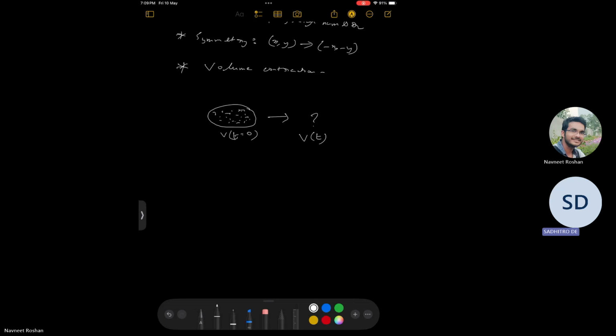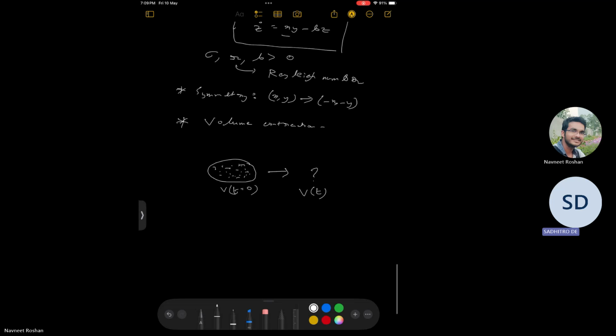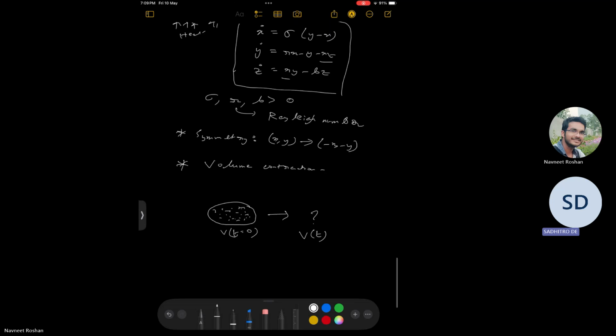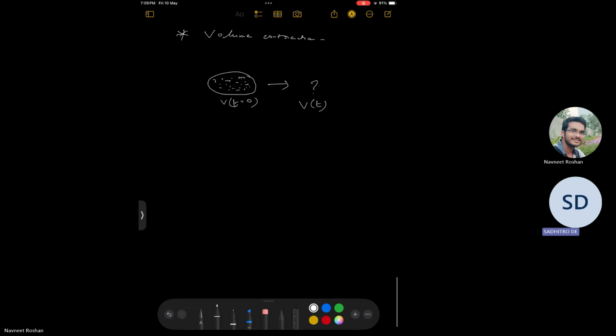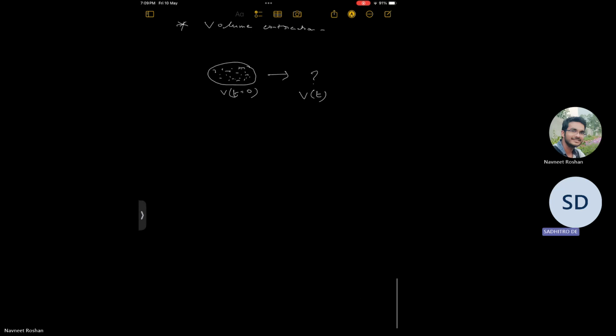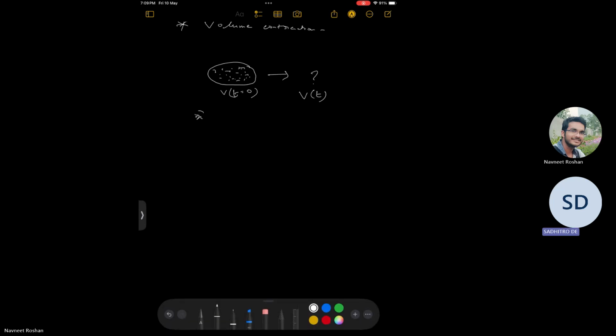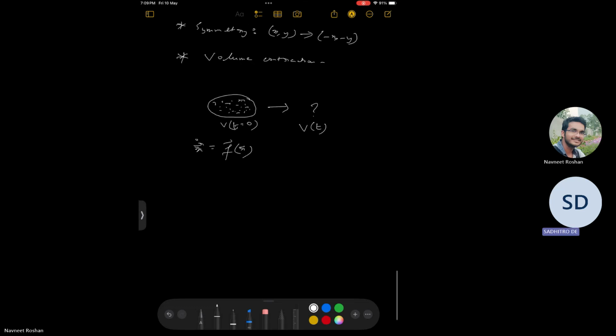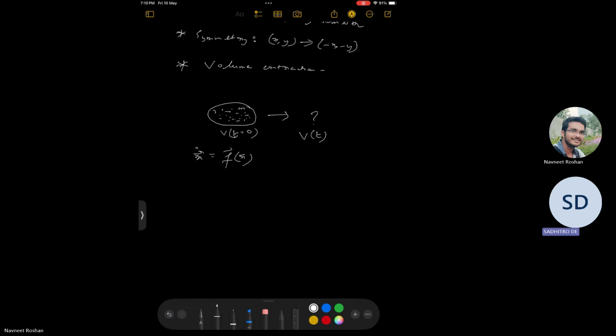So as you evolve the system, the initial conditions will evolve as per the right hand side of the equations. For the sake of easiness, we write the equation in the form x dot equal to f of x, as we had earlier. So the evolution of the volume is basically governed by this term f of x.